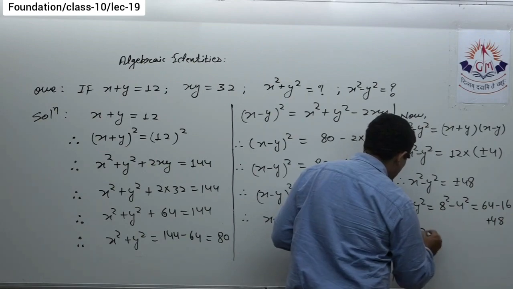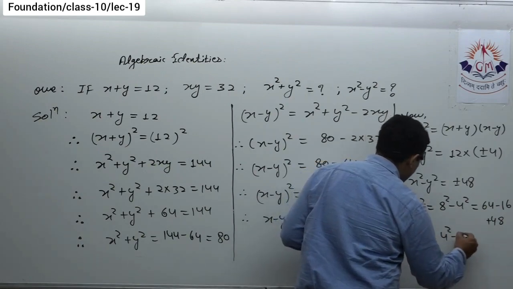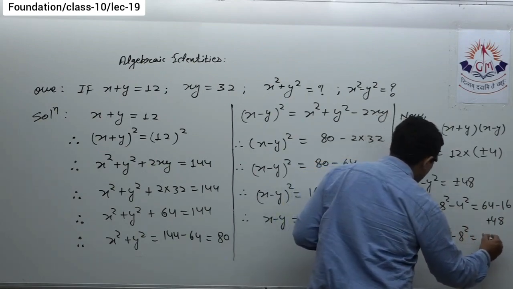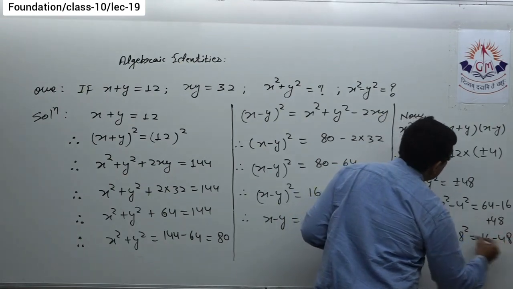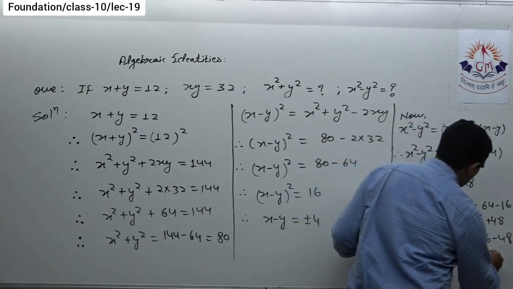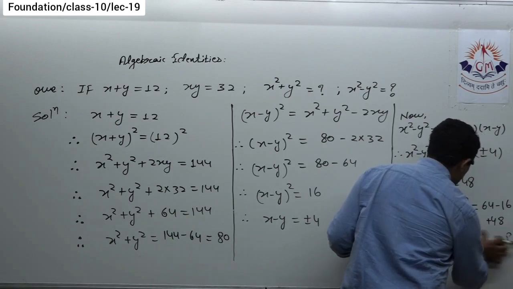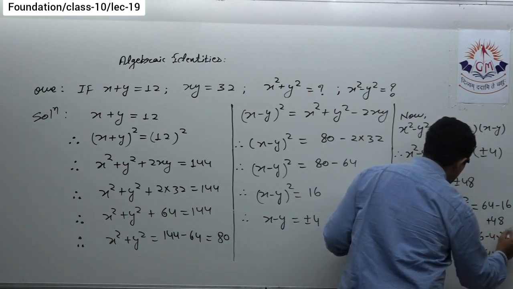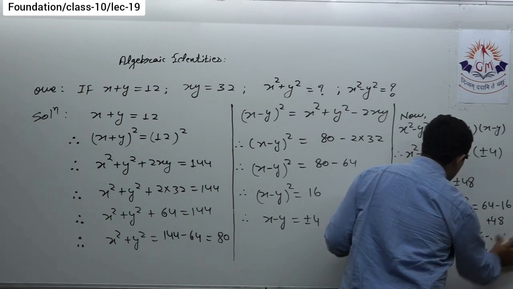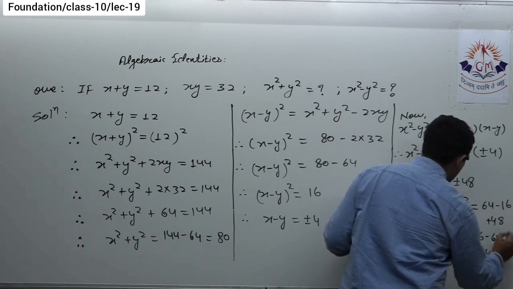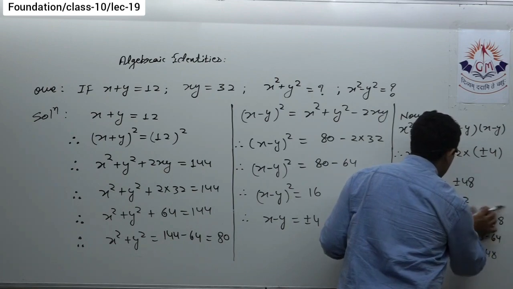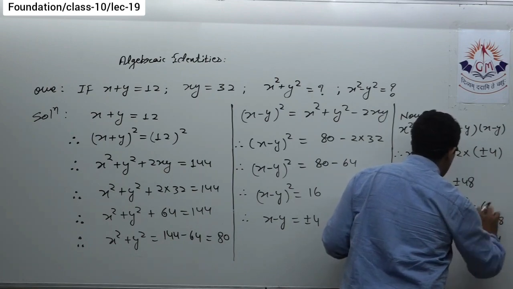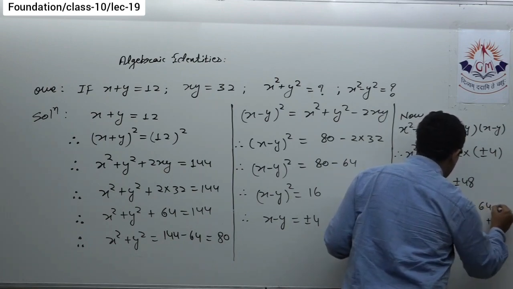Now if I take x equal to 4, then definitely I will get 16 minus 64, that is equal to minus 48, and over here 64 minus 16.